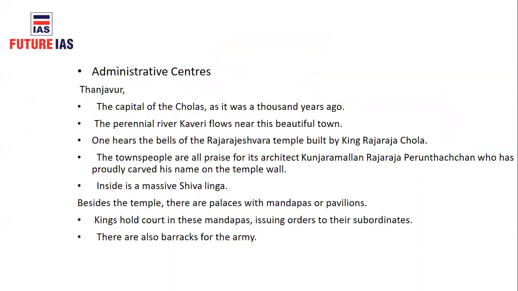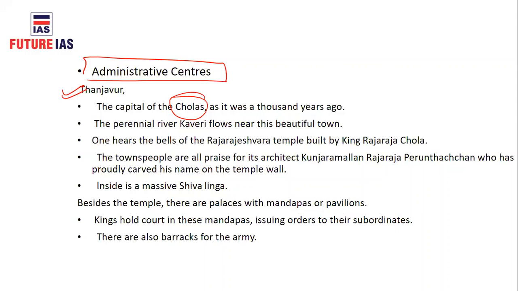For example, the first is basically the administrative center. The classic example is Tanjavur. Tanjavur was the capital of the Cholas, and it was about 1,000 years ago. You must understand the Kaveri river used to flow near this Tanjavur town, isn't it?